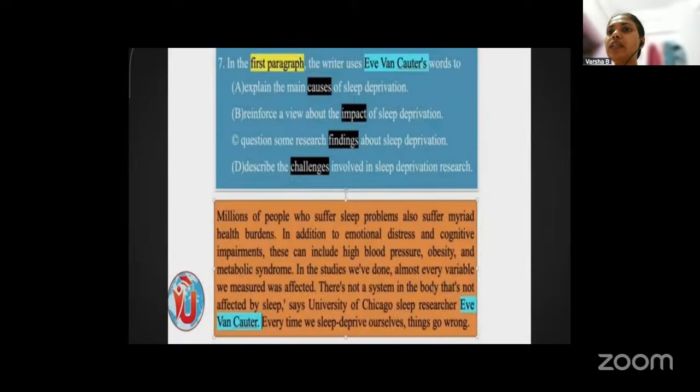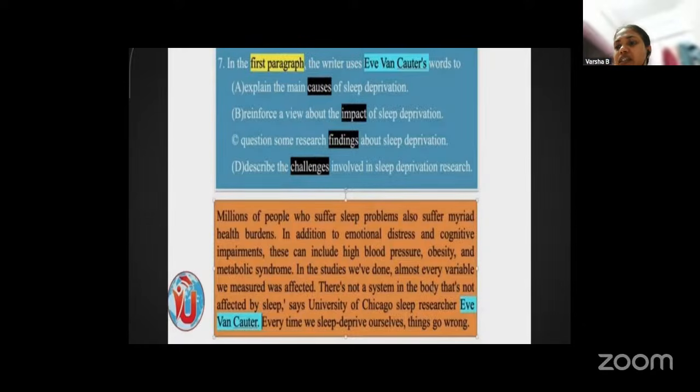Option A, explain the main causes of sleep deprivation, in which the hedging word is causes. In B, reinforce a view about the impact of sleep deprivation, so the hedging word we mark is impact. In C, question some research findings about sleep deprivation, and the hedging word is findings. In D, describe the challenges involved in sleep deprivation research, so the hedging word is challenges.